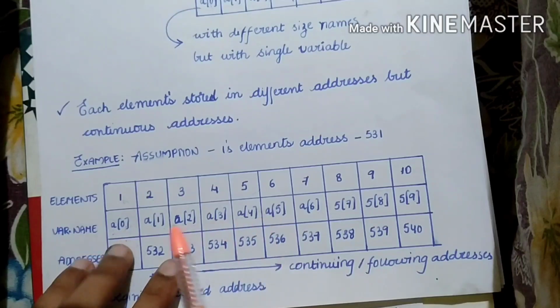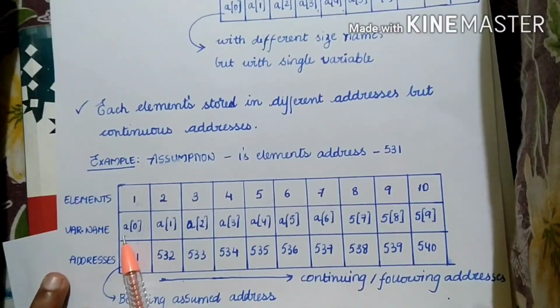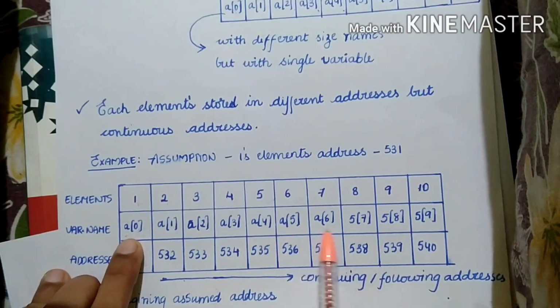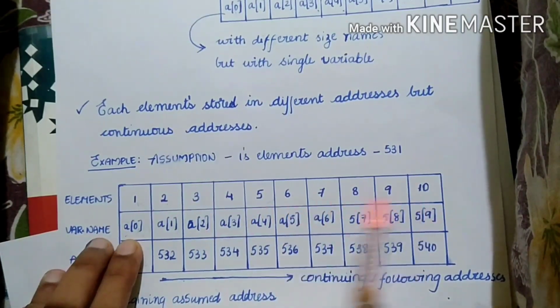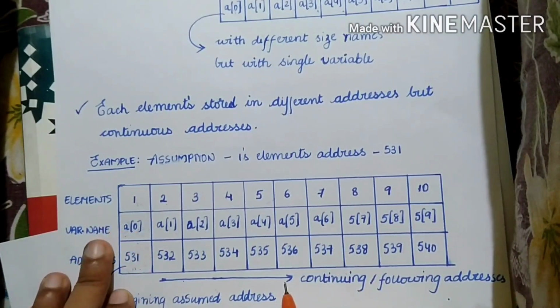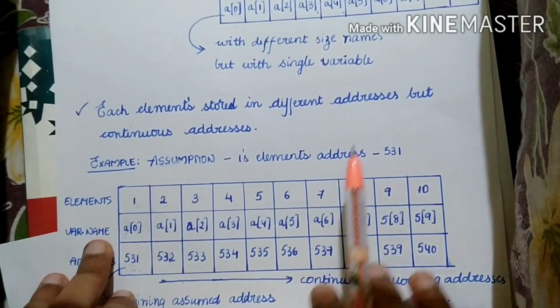Similarly it goes on. In this way, with a single main variable and internal variables, many numbers will be stored in one main variable. I have taken it as a, it may be anything.